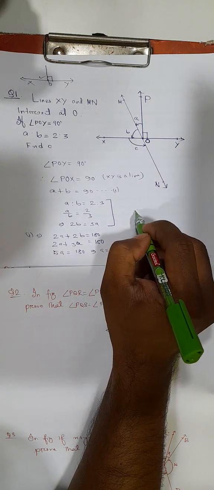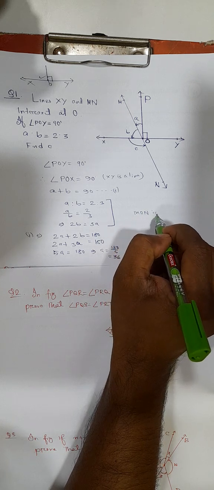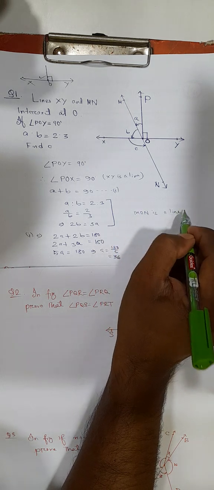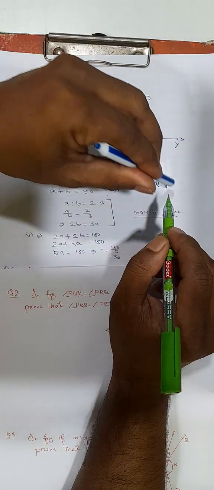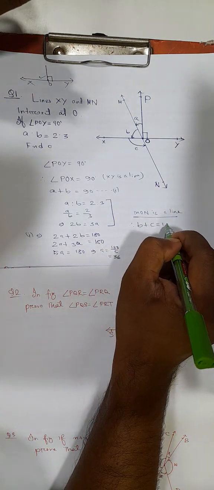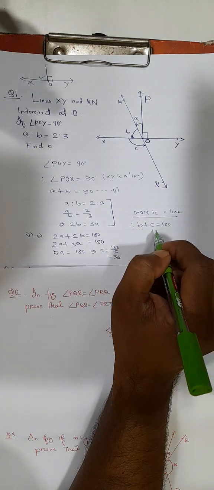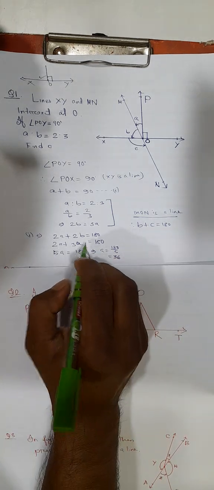Now you have to find C. You see that MON is a line. Therefore, B plus C equals 180. If A equals 36, what is B?